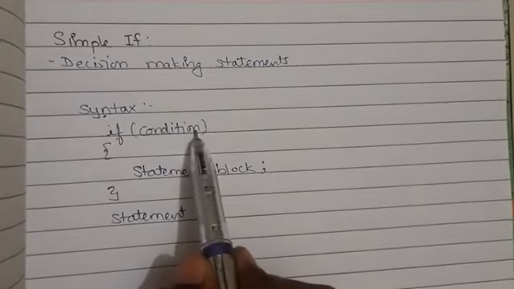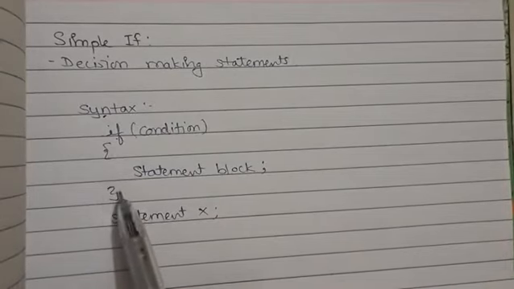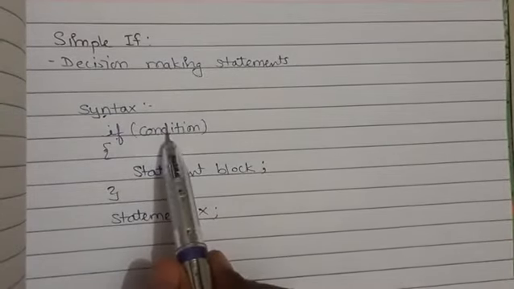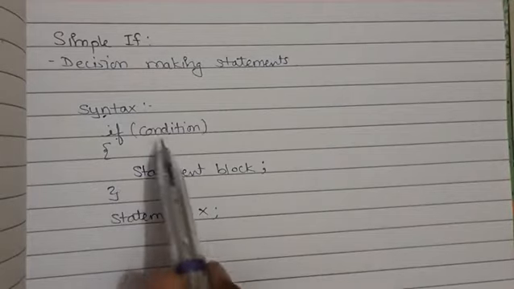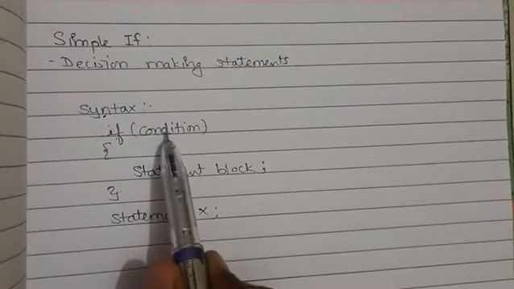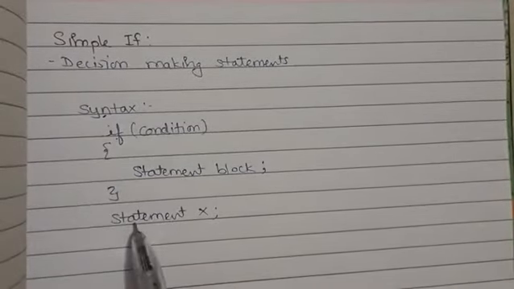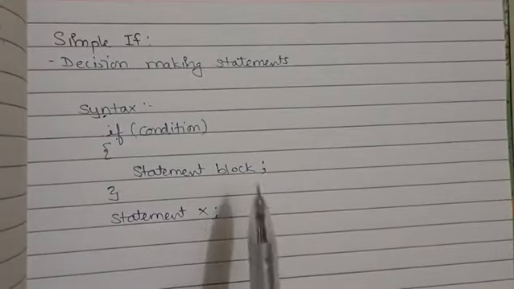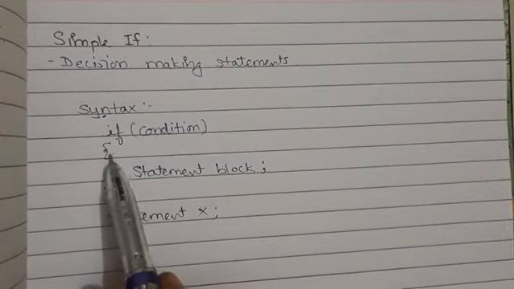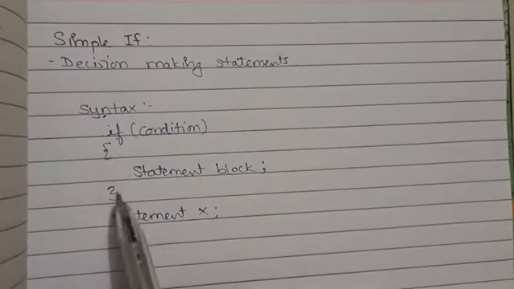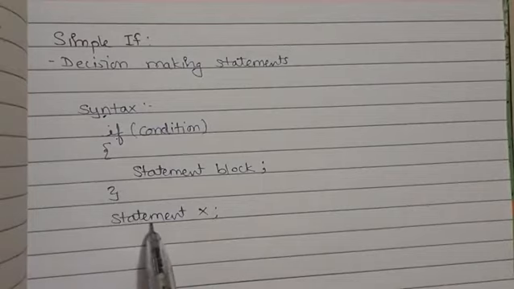If this condition is false, then it will not execute these statements; it will directly come here and execute statement X. If the condition is true, it will first execute the statement block, then statement X.